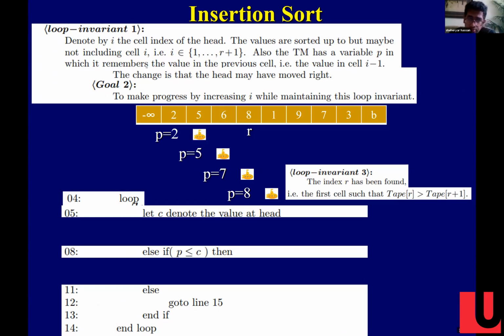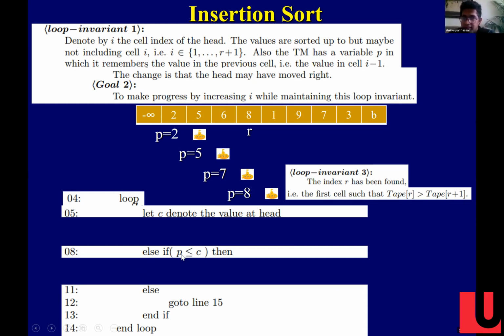Professor? Yep. I was wondering, for the P is less than or equal to C, you said equal to each other. Is that some type of swapping, or is that something else completely? I don't think we're doing any swapping. All our values are distinct, so we're not going to get two guys equal. But if they're equal, we're going to say that they're sorted.